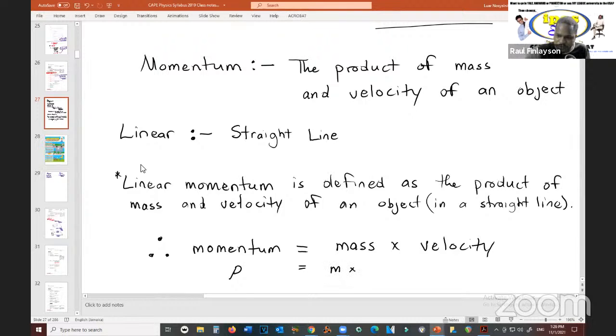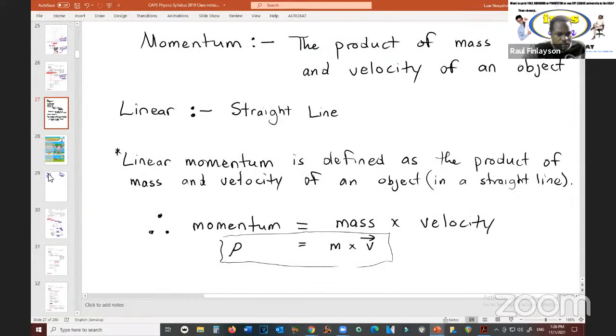So that's the formula here. All right, so that's momentum there. This should be straightforward.